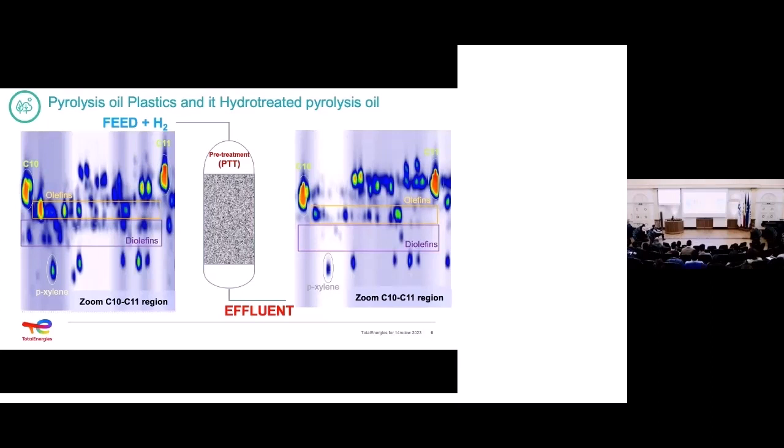The olefins decreased, but the amount of olefins still present in the effluent was higher than what we were expecting. So we kept in mind: are these peaks still olefins or other compounds?